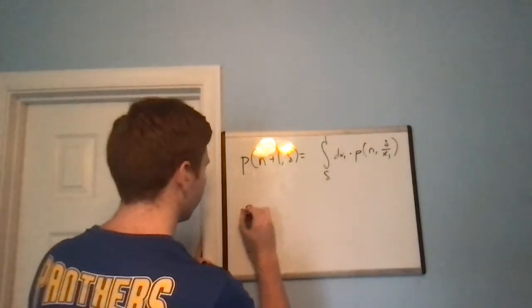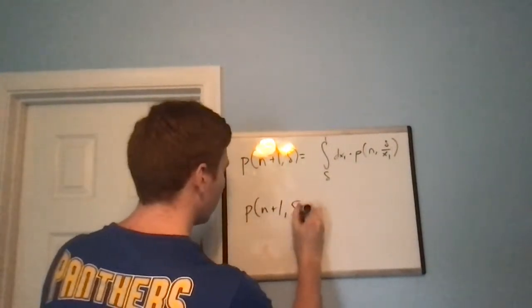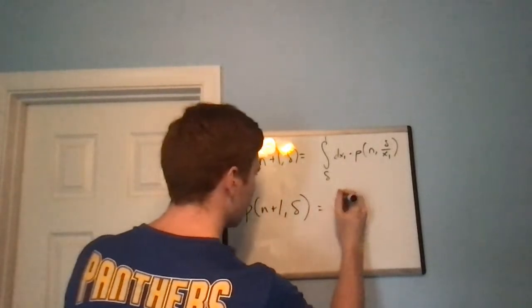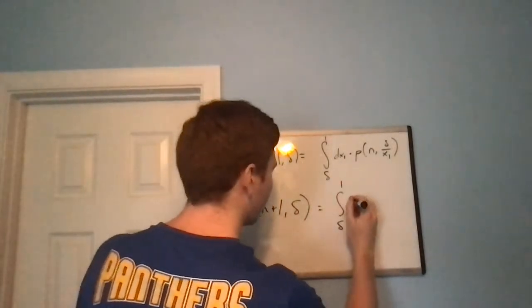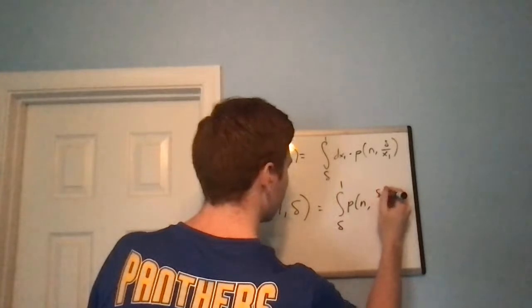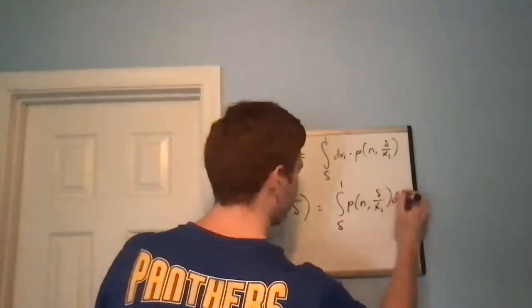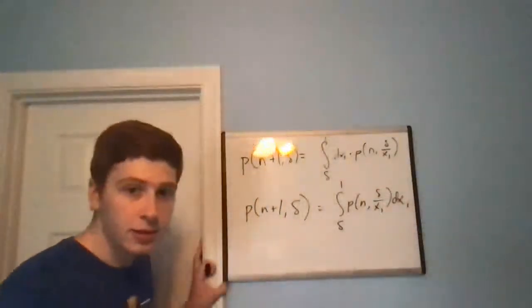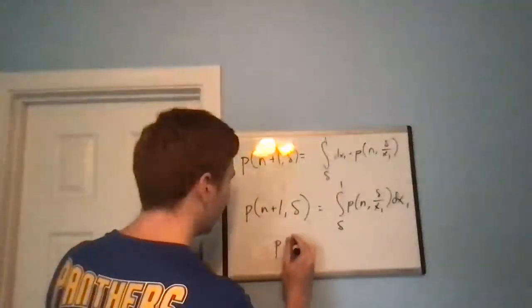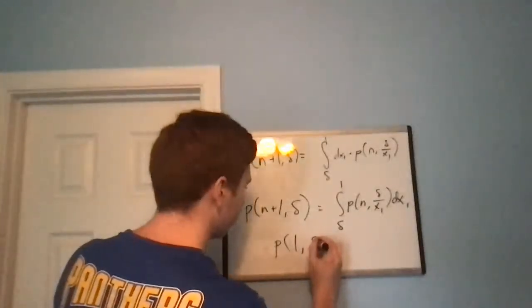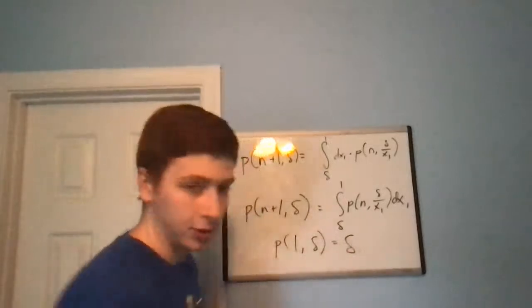Just to rearrange it a little bit, you have P of n plus 1 delta equals the integral from delta to 1 of P of n delta over x1 dx1. And the base case is that P of 1 comma delta is always just going to be delta.